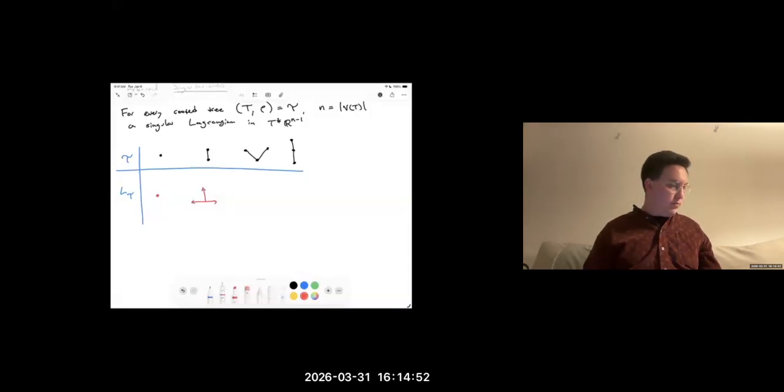The other ones can't be drawn, at least as Lagrangians, but their projections can be drawn. So this would be a two-dimensional singular Lagrangian in R^4, but we can look at its projection in R^3, and it looks like this. And then this one is a little less symmetric.